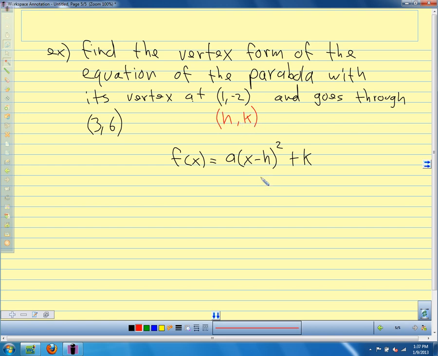So let's plug those in to our function. I have f of x equals a times (x minus 1) squared plus k, and k is -2. So I can rewrite this as f of x equals a times (x minus 1) squared minus 2.